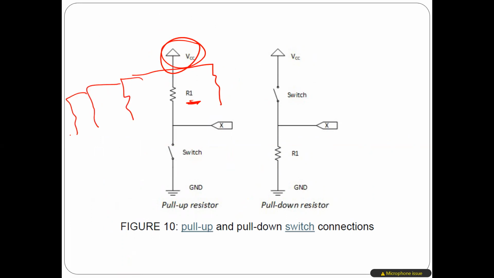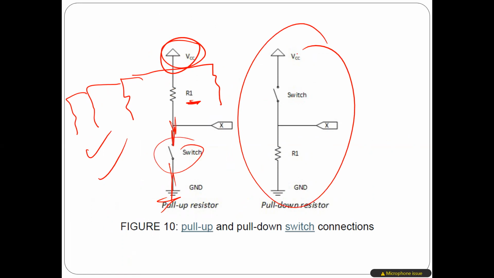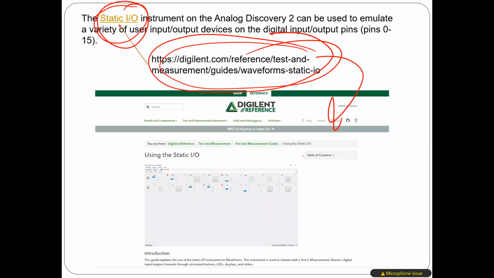I can connect all of them to VCC, for example, and then use this resistor connected to a switch, and the other side goes to ground. If you decide to do it this way, it's the same thing, but here you have to connect the common one, because again, you don't have only one resistor, you have 8 resistors. So the common point you can connect to ground, and the other one can go to the switch.